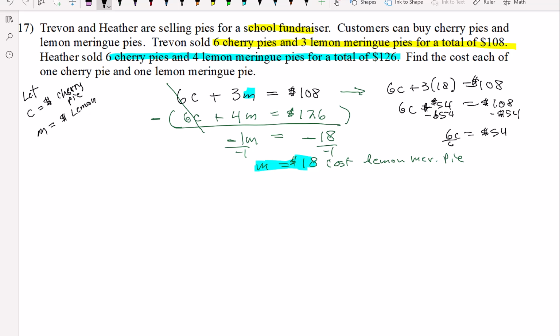And then finally we have that 6 attached, multiplying C. And again, you can reiterate when you're talking about this that they're using equality properties to solve. So each cherry pie costs $9.